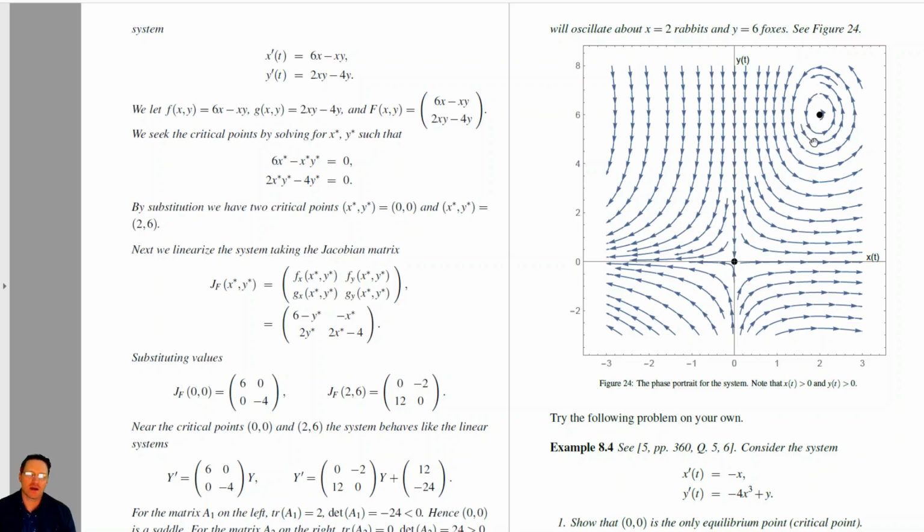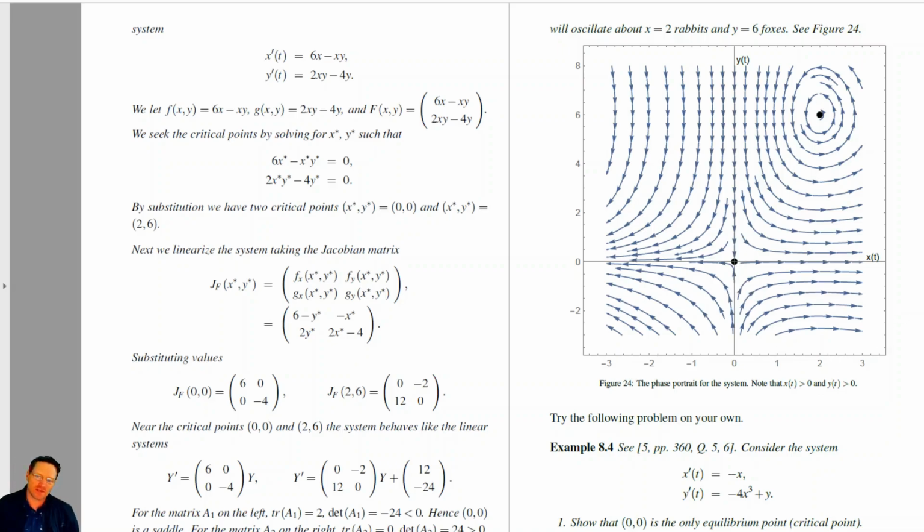So we know that there is periodic behavior for initial conditions that are in this quadrant, essentially, right? Whereas at the critical point 0, 0, we worked out that the linearized system told us that this should be a saddle. So near it, it's a saddle. We see that, and there are no other critical points. So we know that all of the trajectories are governed by these two critical points, right?